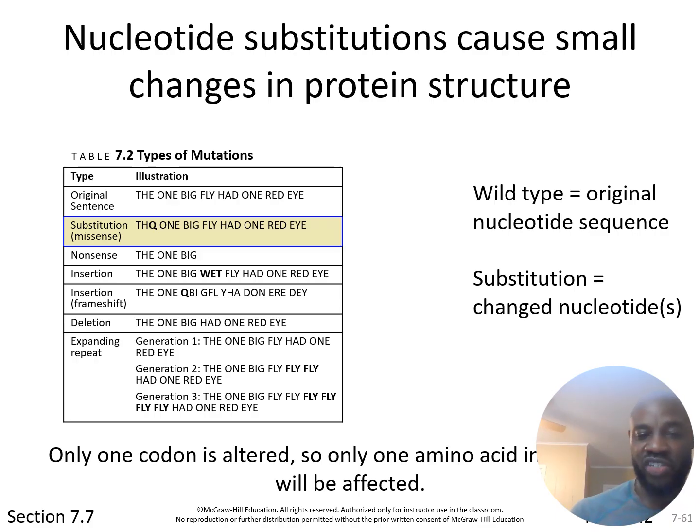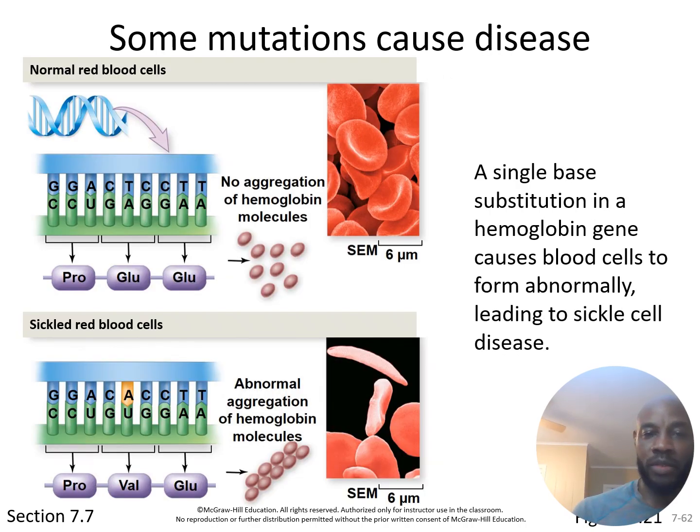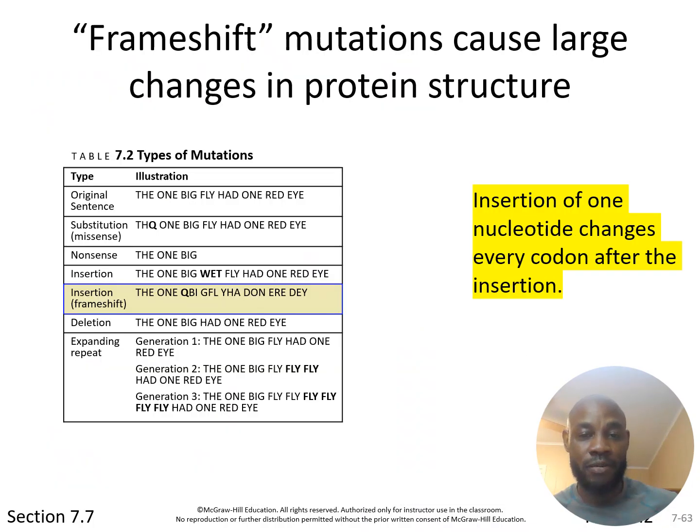Changing a single nucleotide would change a single codon, which would change a single amino acid. But some mutations can cause disease. A single base substitution in a hemoglobin gene can cause blood cells to form abnormally, leading to what is called sickle cell anemia.